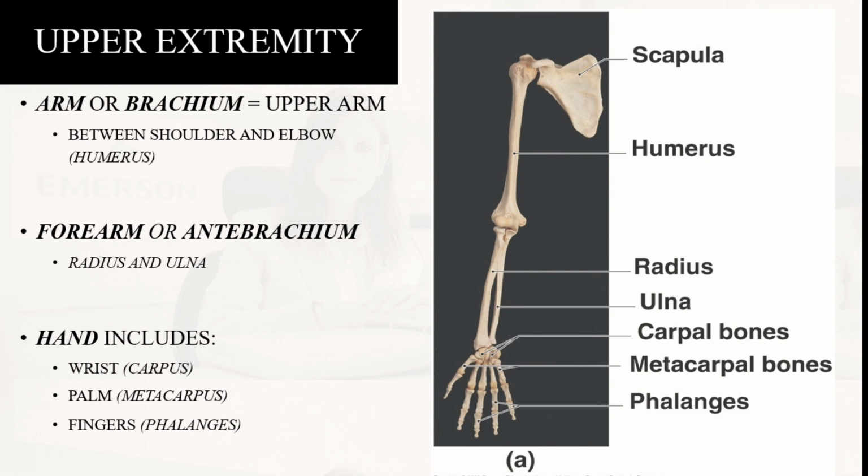Then the hand includes the wrist, palm, and fingers. The wrist has the carpal bones or carpus, the palm has the metacarpus or metacarpal bones, and the fingers have the phalanges. Okay, that's about the upper extremity.